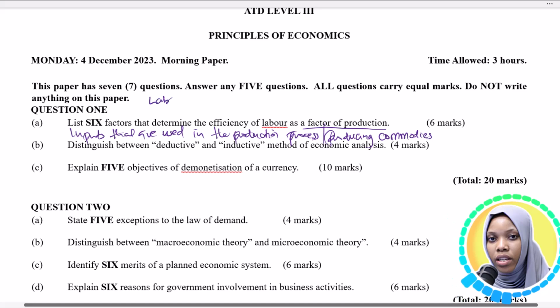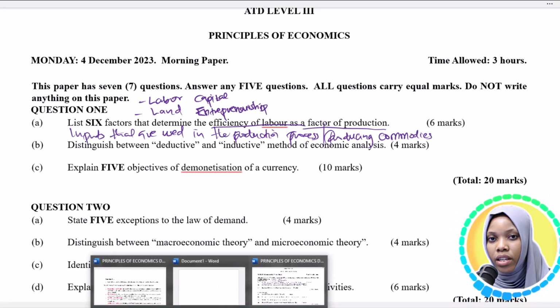They are labor, land, capital, and entrepreneurship. But the examiner requires us to tell him the efficiency of labor. So I had already prepared the answers, and let's directly read them through.